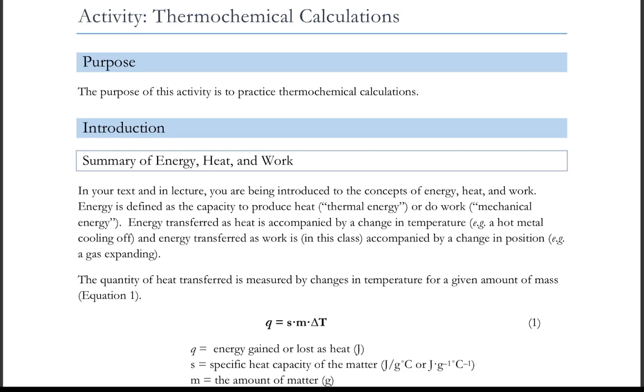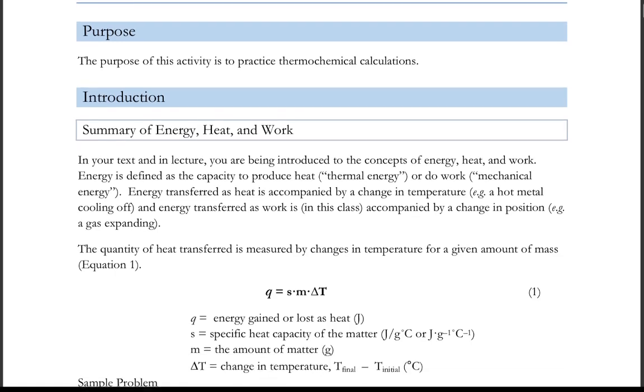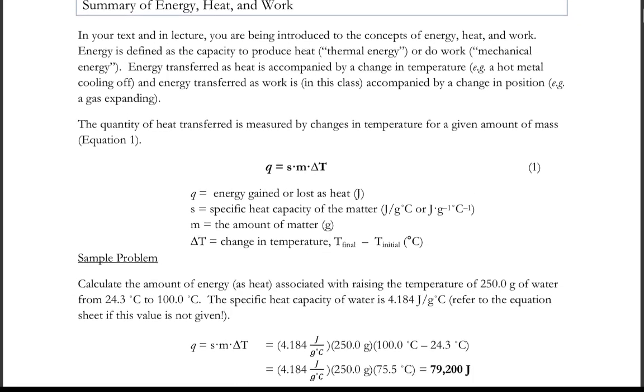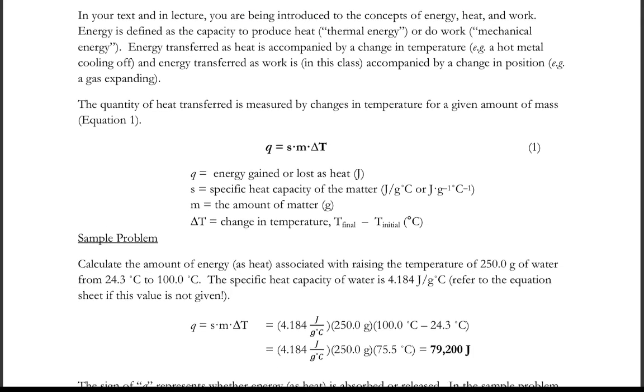The quantity of heat transferred is given by the equation Q equals S m delta T, where Q is the energy gained or lost as heat in units of joules.